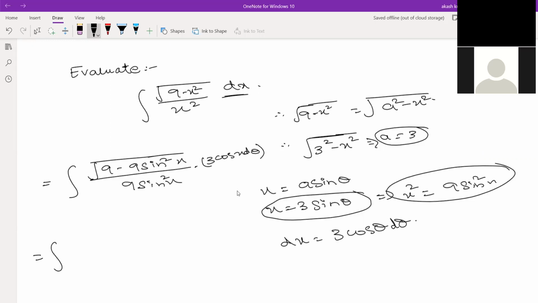Can you repeat please how we found dx is equal to 3 cos theta d theta? Okay, I differentiated this function, which was x equals 3 sine theta. Yes, so it becomes 3 cos theta d theta.